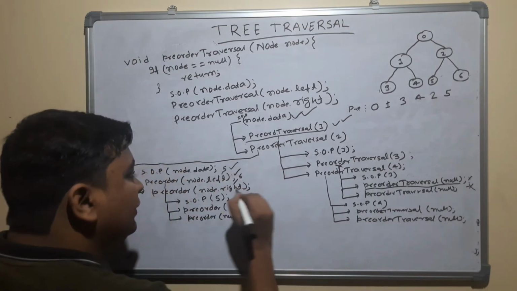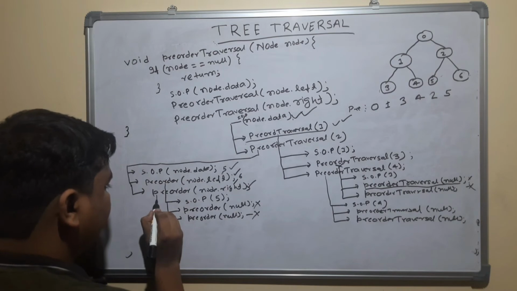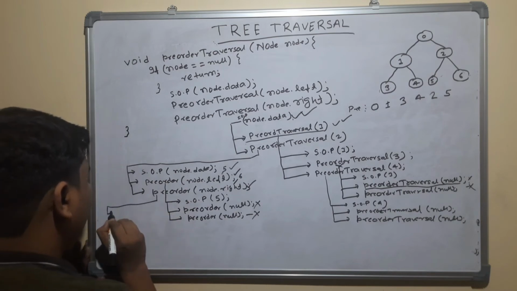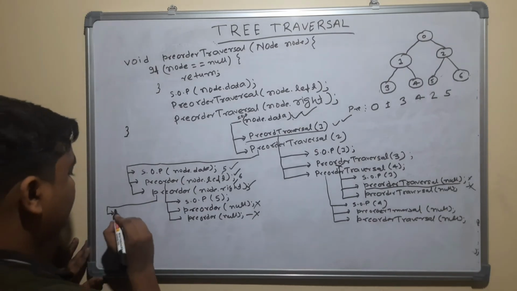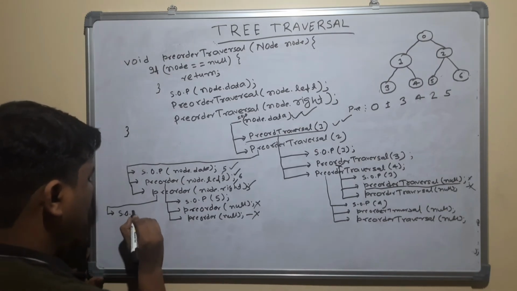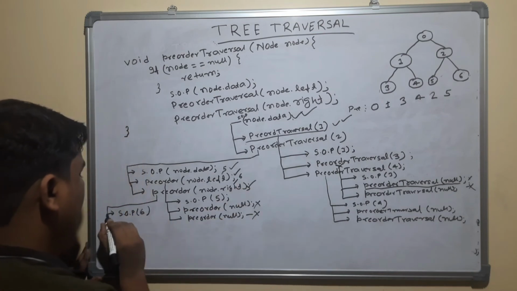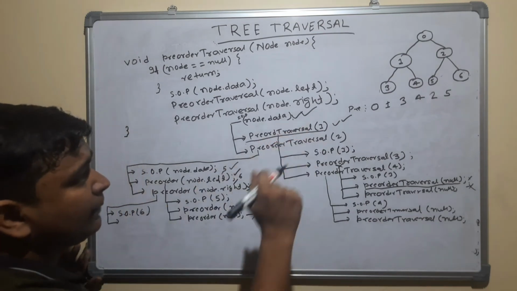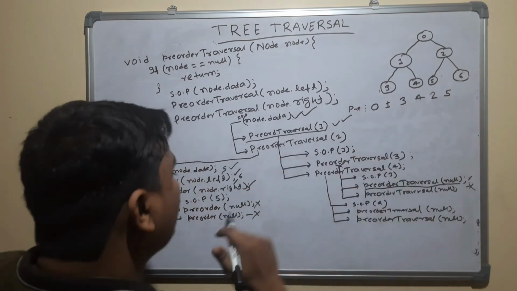Now this one part is remaining: 6. 6's left and right, there is no child of that node.